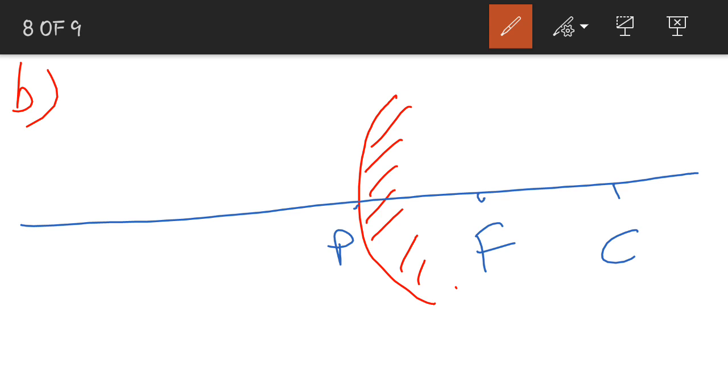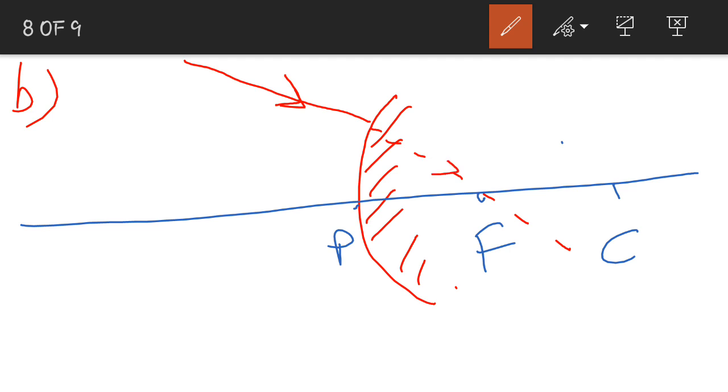Now we have to direct it towards the focus. So we have to draw a line which appears to pass through the focus. So this is a line which is striking on the focus.